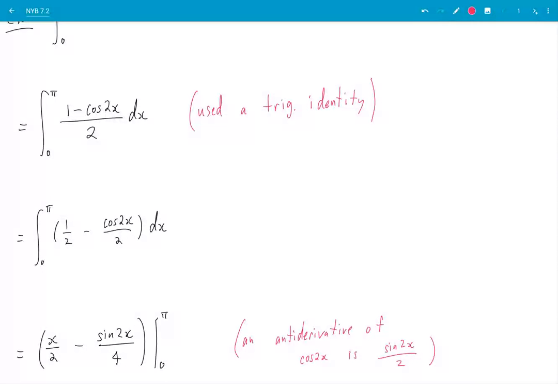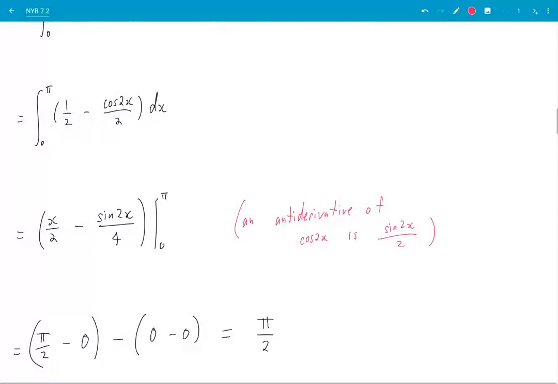Well, because you have this 2 here, you're going to get an extra 2 appearing down here when you find your antiderivative. So you're going to have this 2 multiplied by this 2, giving you 4. And the rest is straightforward. Plug and chug.